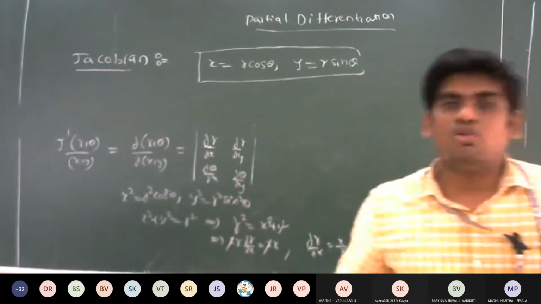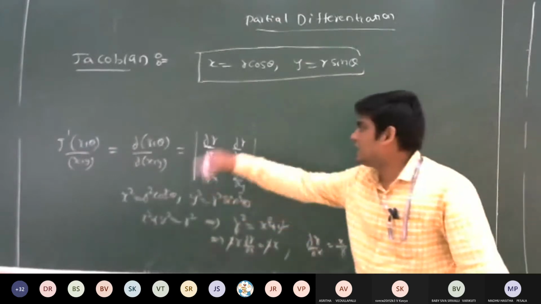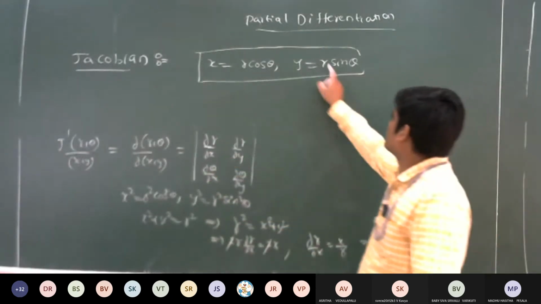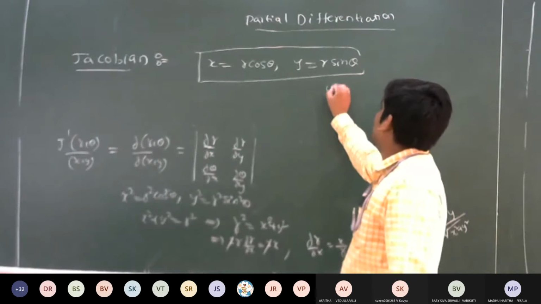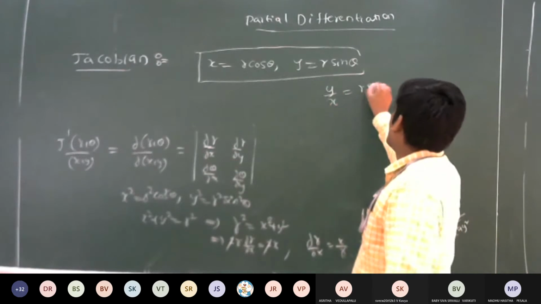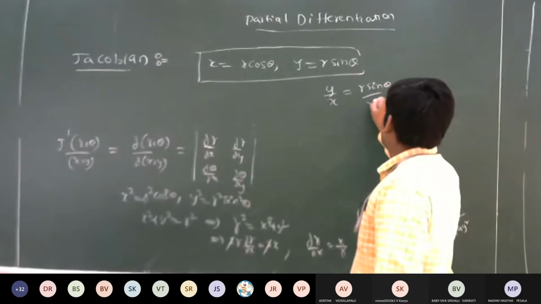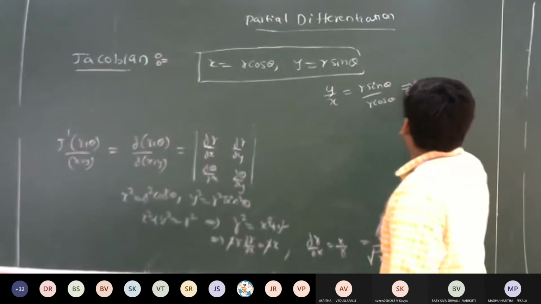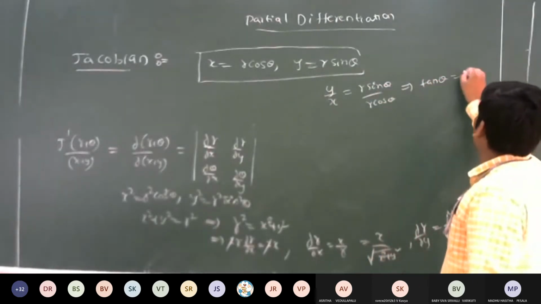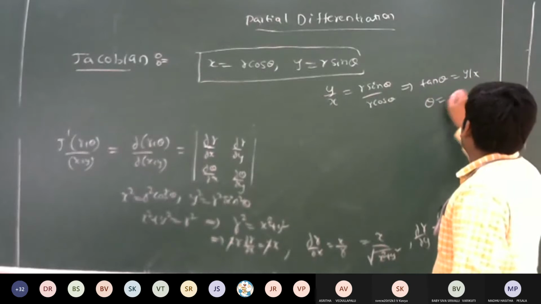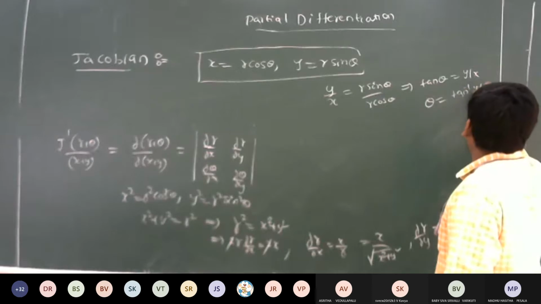Now we are going to change theta in terms of x comma y. Here I am taking y by x, that is r sin theta by r cos theta, which implies that tan theta is equal to y by x. So theta is equal to tan inverse of y by x.